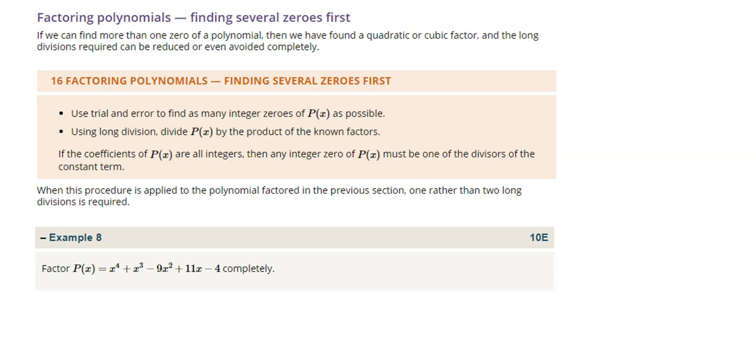So we can use trial and error to find as many integer zeros of p of x as possible, or we can use long division. If the coefficients of p of x are all integers, then any integer zero of p of x must be one of the divisors of the constant.